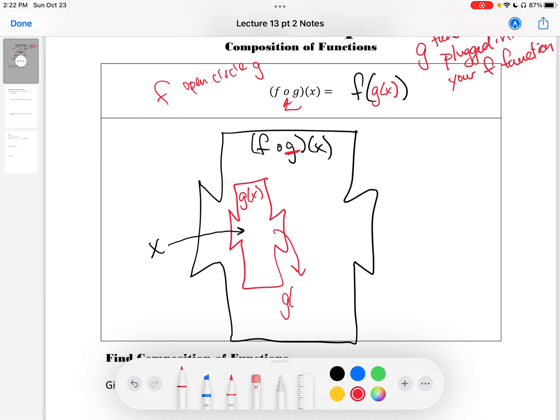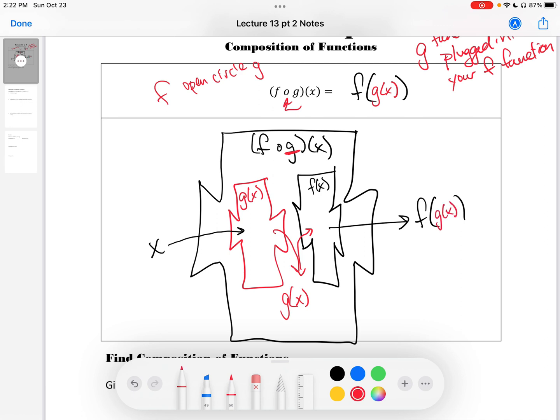What pops out of our g of x function is our output, which would be g of x. Then after that, it goes into the second part, which is the f function. So g of x gets plugged into your f function, and then what comes out on the other side is f of, and what got plugged into your f? Well, that is your g of x.